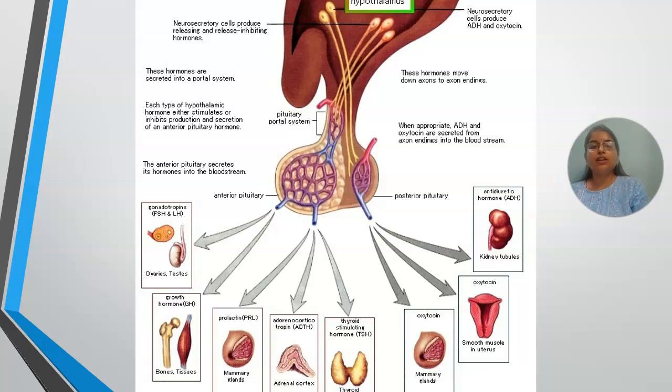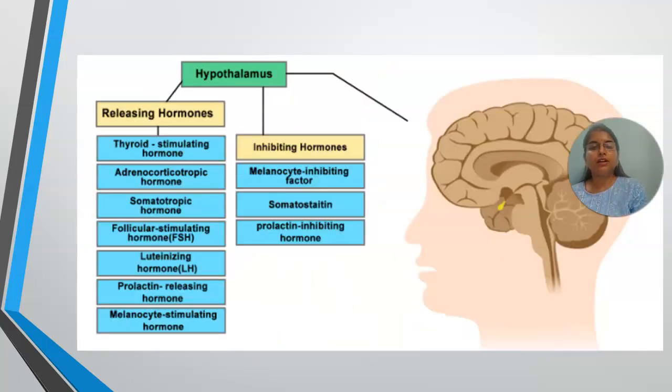Now coming to the hormones that are secreted by the hypothalamus, we have a set of hormones which help in releasing the hormones from the pituitary gland, and a set of hormones that inhibit the hormones from the pituitary gland.